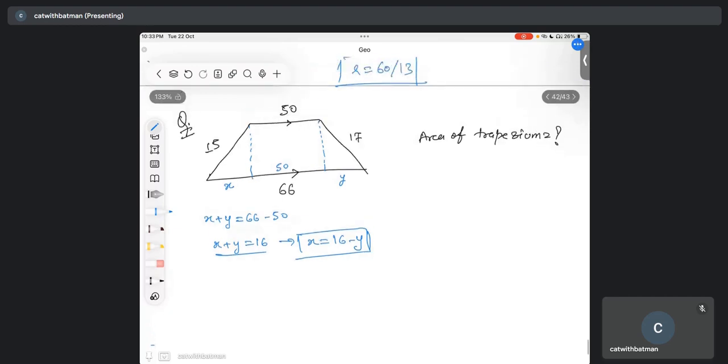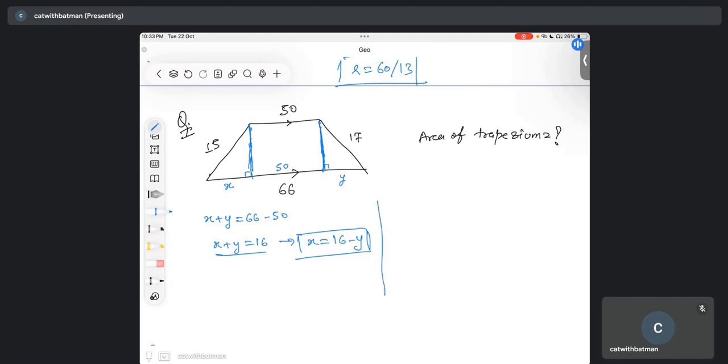That's something we will get, one equation. Now look, since this is perpendicular, we can apply Pythagoras theorem here. And this will be equal to this, since they are both perpendiculars between two parallel lines. So they should be equal.